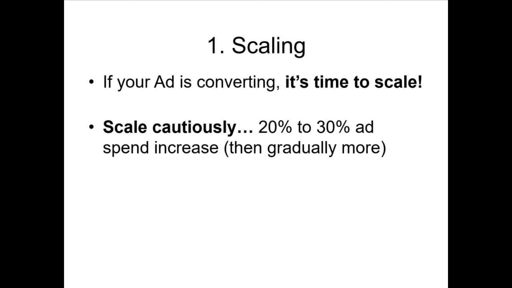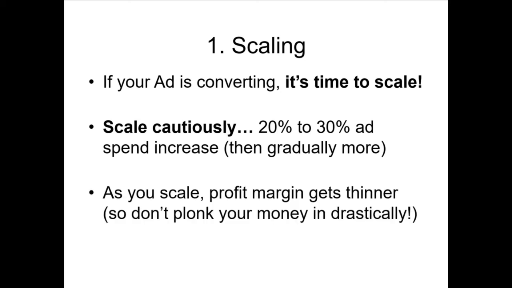Because you'll find that Facebook will optimize the ads a lot better than if you try to chuck everything into a single ad set. Now, don't ask me, I'm not the one who made Facebook, okay, but we just find that this seems to work. And just be ready that as you scale, profit margin gets thinner. So don't plunk your money in drastically, okay?